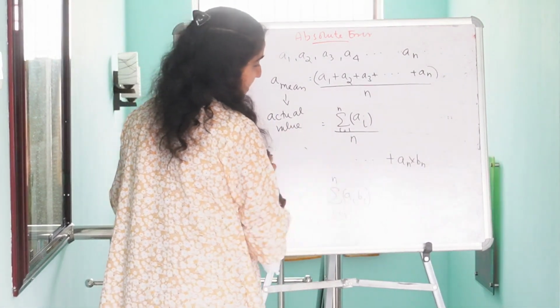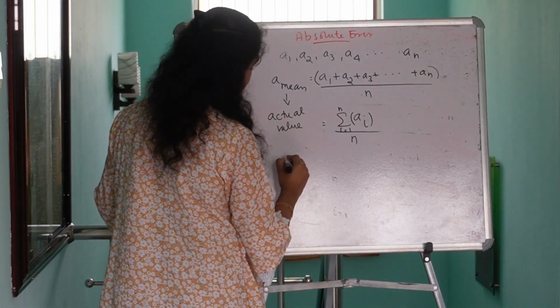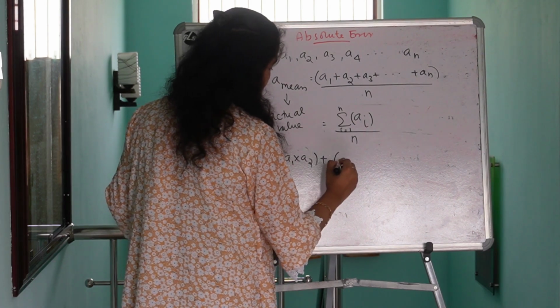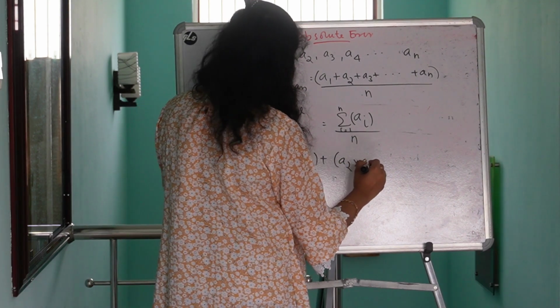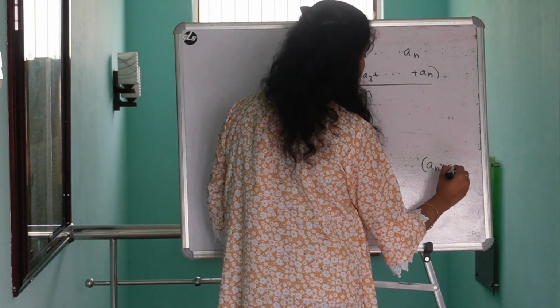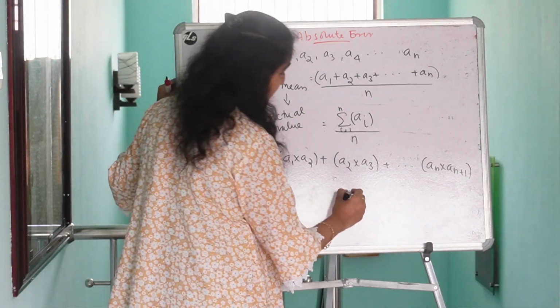Suppose it is given A1 into A2 plus A2 into A3 plus etc. It goes on like this up to An into An plus 1. If it is given like this, how do you write using sigma?